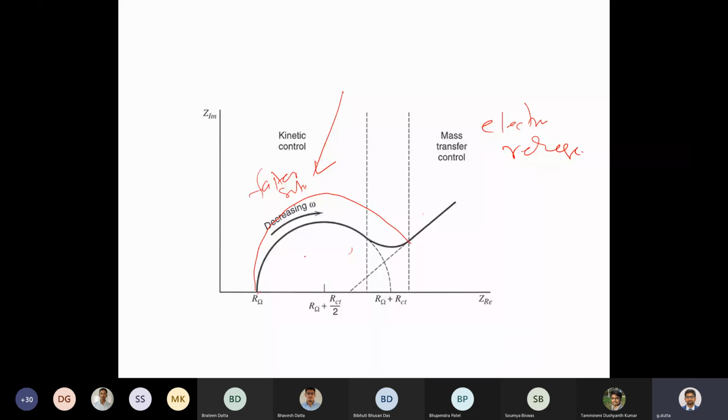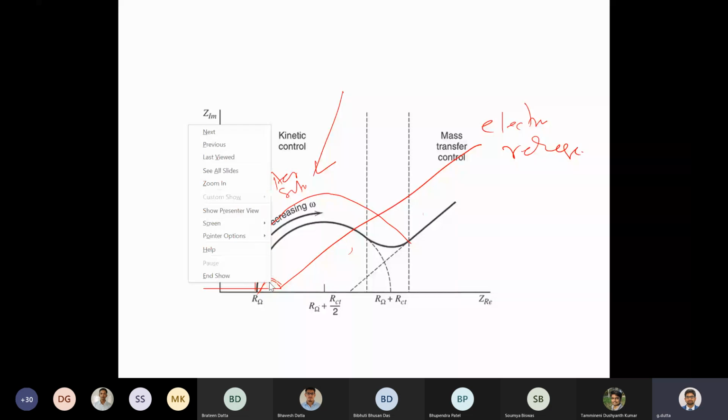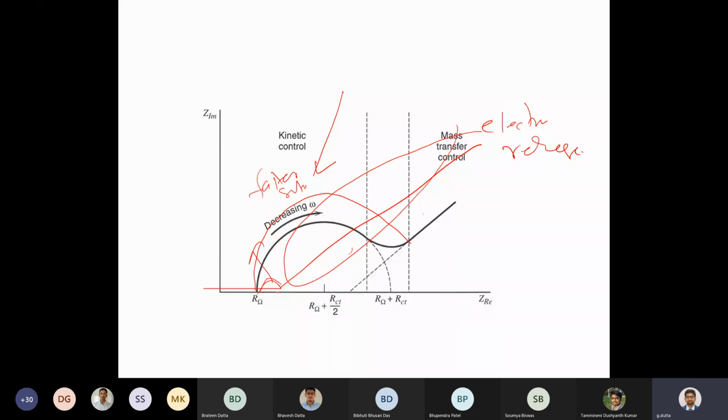If it is too small and you are getting a large straight line, your electron transfer is very, very fast. So it is kinetically faster. And this very big straight line means mass can transfer easily.